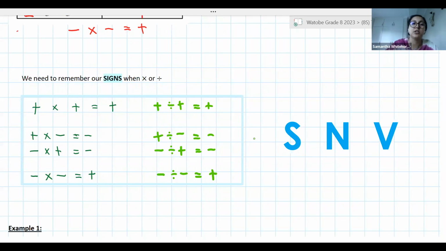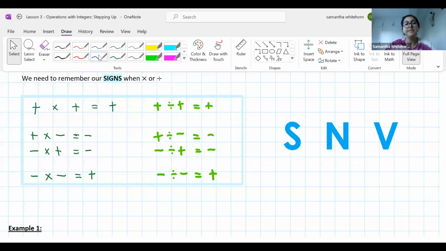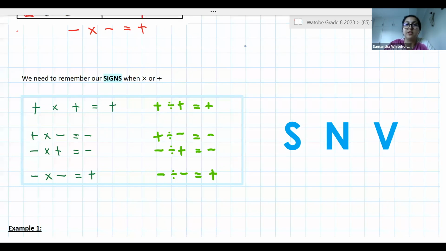And this takes us back to our SNV that we've spoken about a couple times. If you're new, you probably haven't heard of SNV before. I use SNV quite a lot. But SNV allows us to correctly multiply and divide terms. So S stands for signs. We check the signs first using this rule over here.